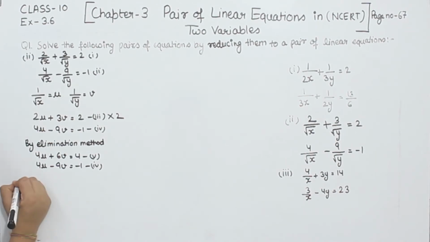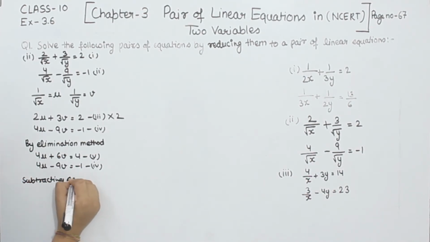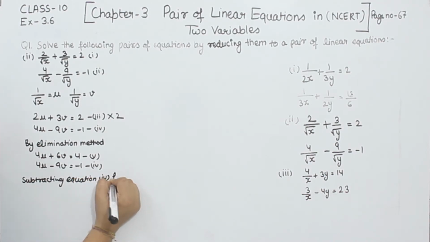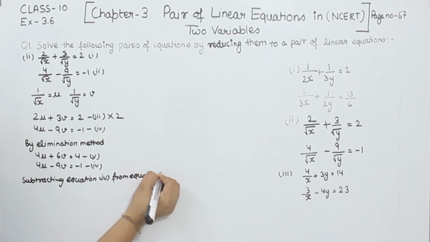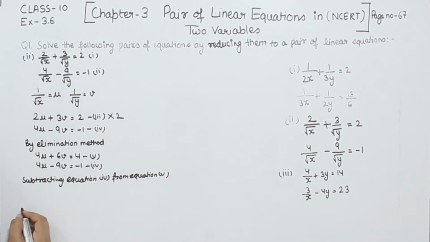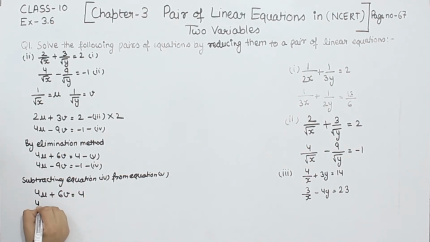Now we are going to subtract them, subtracting equation 4 from equation 5. So equation 5 is 4u + 6v = 4, and here we have 4u - 9v = -1.